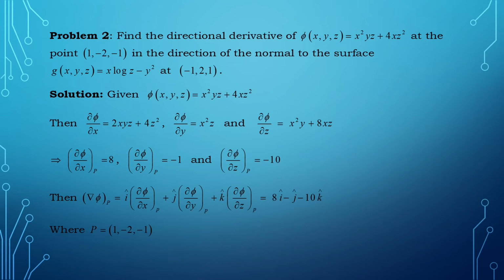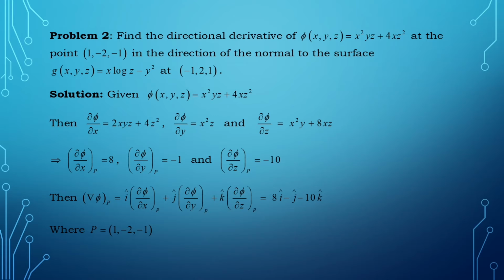Next, we have to find u cap. U cap can be found by finding the normal to the surface g of x, y, z equals x log z minus y squared at a prescribed point. Now, let us finish off the first part of this problem.